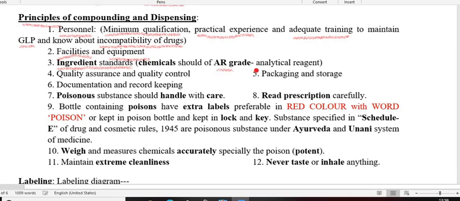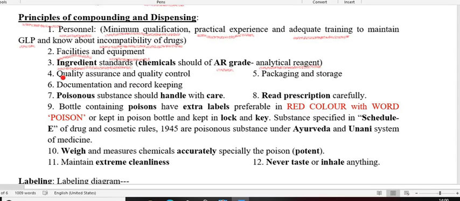AR means analytical grade. If the ingredient is not at par, then as a result, you will not get a good quality preparation. So this is very, very important.